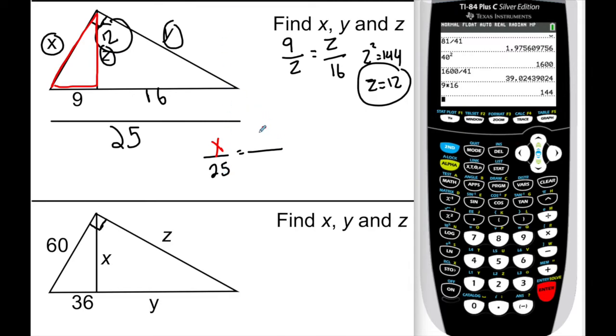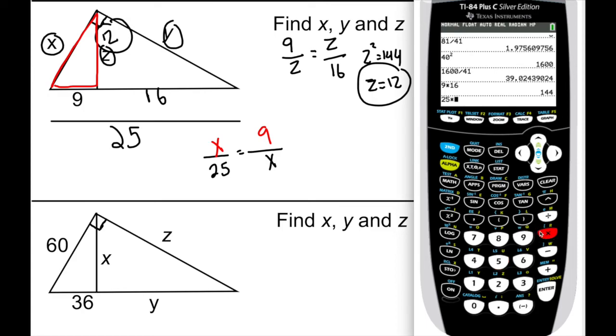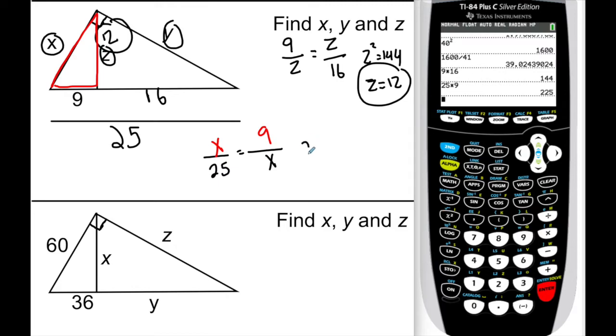In the red triangle, 9 is the height. In the overall triangle, x is the height. So what I get is 225 equals x squared, and you might well know that means x is equal to 15. I happen to know that square root. If you don't, you would do it on your calculator.